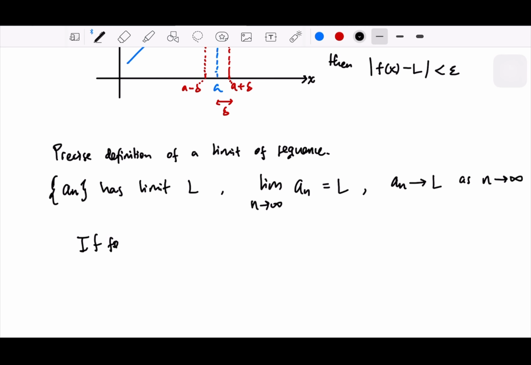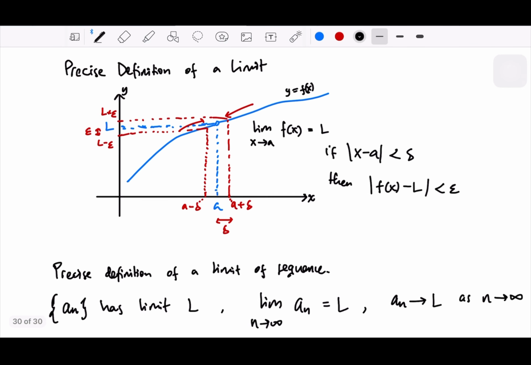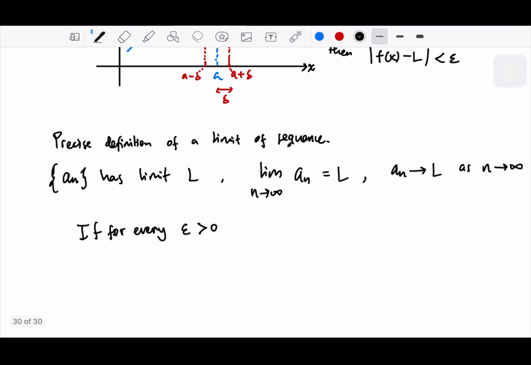for every epsilon greater than 0, every positive epsilon. Remember, this is the same epsilon as we mentioned previously, which means the small distance.